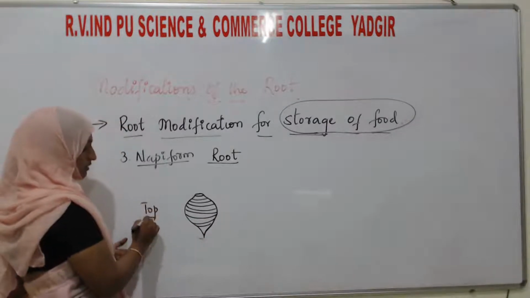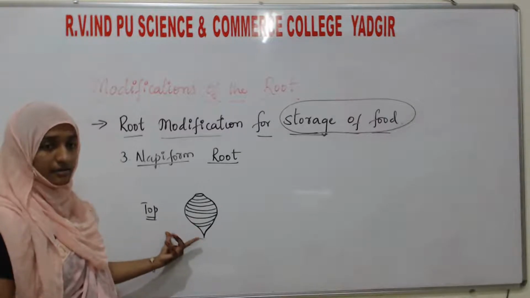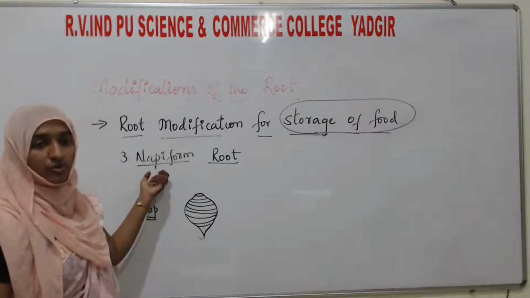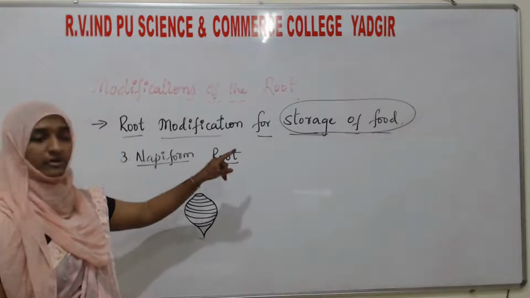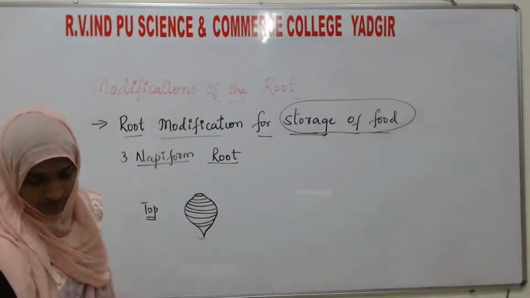Napiform root means the root which is modified for the storage of food, and it is just like a top.